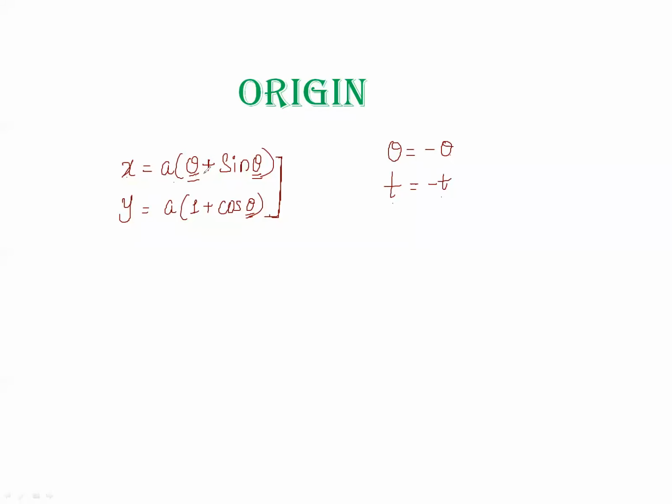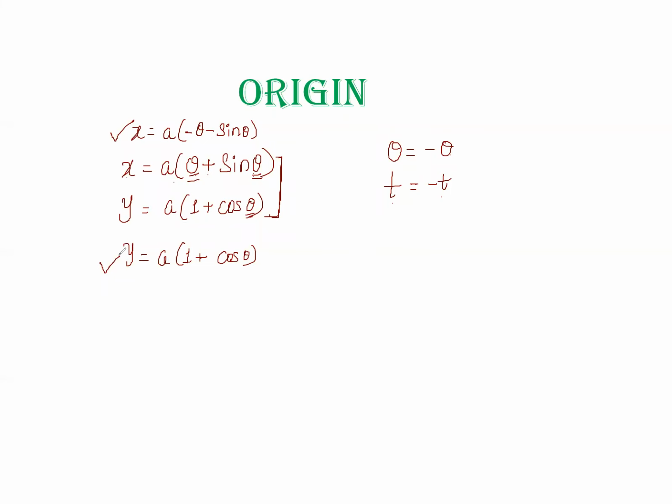X is equal to a into theta plus sine theta. If we replace this theta by minus theta, what are we getting? a into minus theta minus sine theta. This is x. And y is equal to a into 1 plus cos minus theta. Again, it is cos theta. Means here it is odd and here it is even.